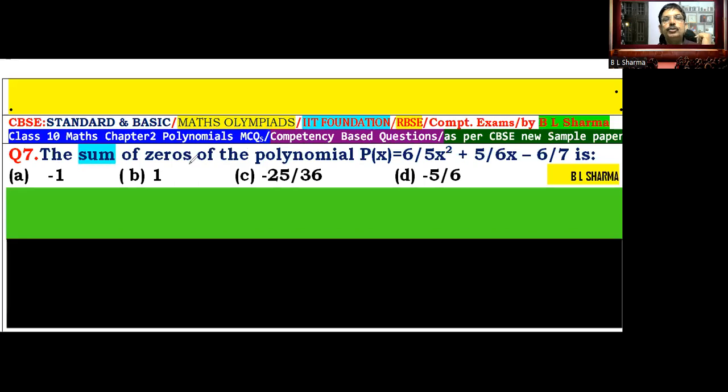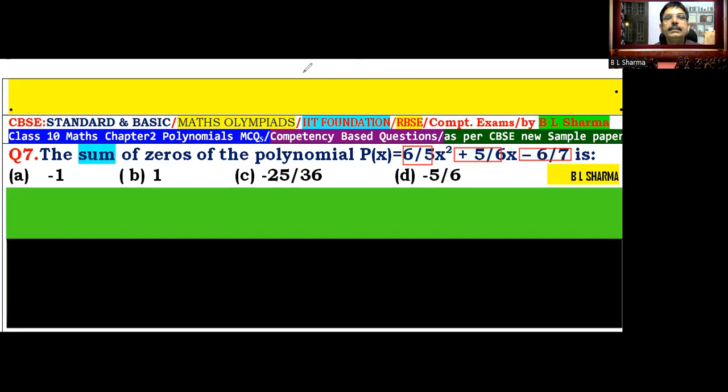The sum of zeros of the quadratic polynomial, that is 6 upon 5 x square plus 5 upon 6 x minus 6 upon 7.